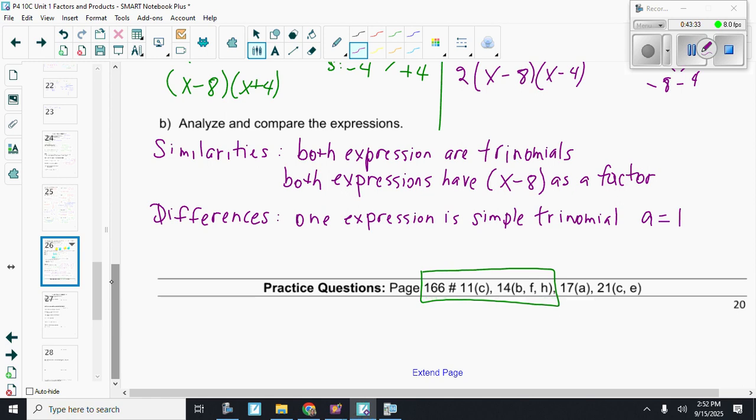When we generalize a trinomial, we use the general term. If we don't know what any of the numbers are, we use letters. This is the general term for a trinomial.